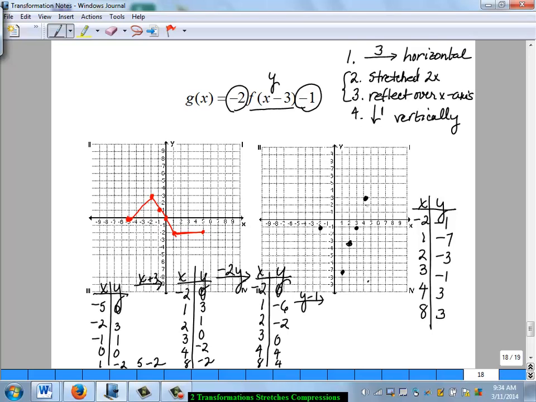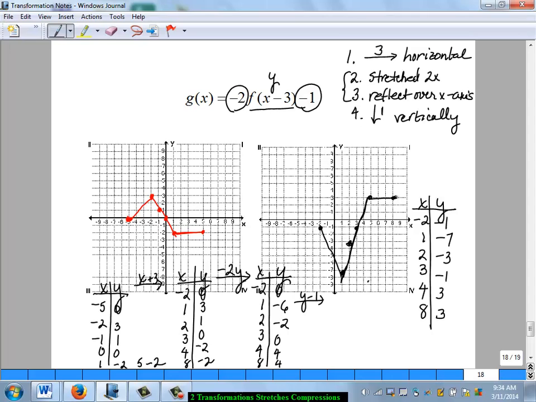And then I have 8, 3. Okay, so now my graph kind of looks like this. Sorry, I'm sure yours looks prettier.